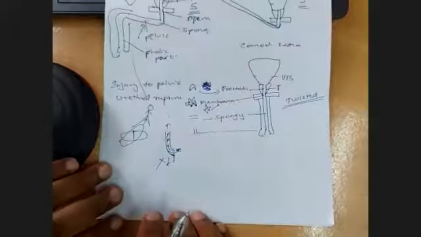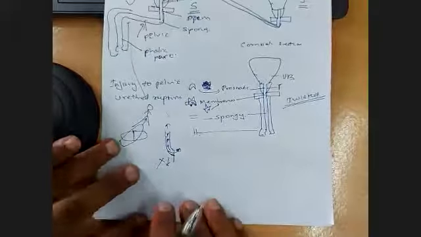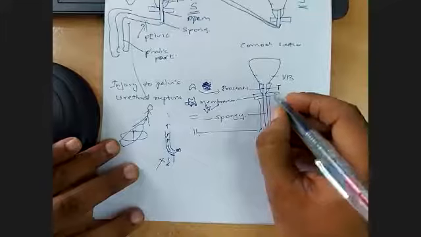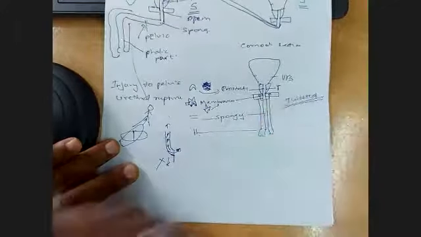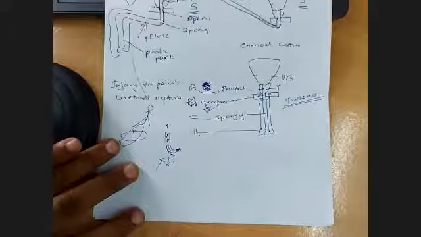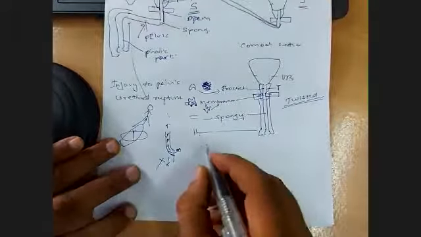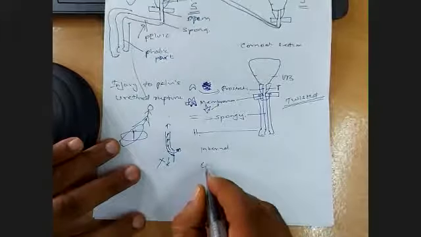Now, some more important things which you need to study about the urethra is that here on the sides are bulbourethral glands which open into the urethra. There are two sphincters of the urethra. One is the internal sphincter and another is the external sphincter.